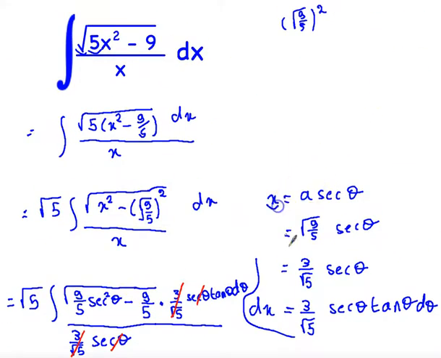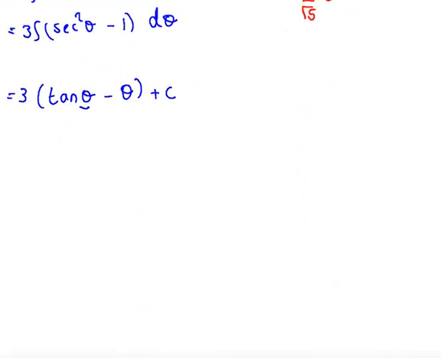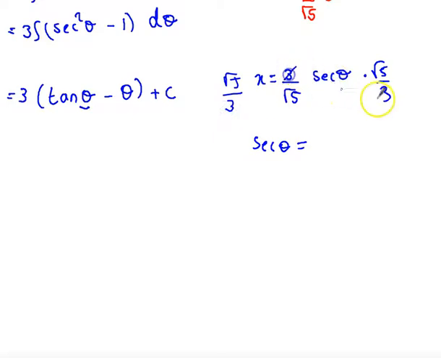We took x equal to 3 over radical 5 secant theta. So secant theta equal, multiply both sides by radical 5 over 3. It will be equal to radical 5x over 3.